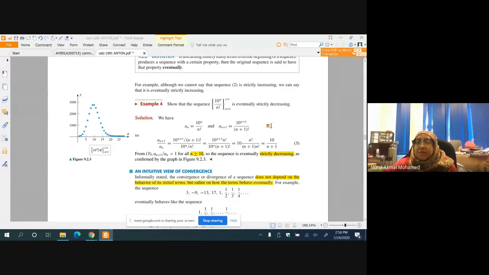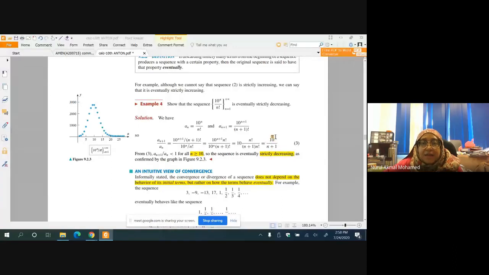But there's something that we have to look at here. It doesn't always depend on n equal to 1, which is the starting point. In this case, they want to show us that what really matters in order to decide whether it is strictly decreasing or other cases is choosing a big number of n. So 10 divided by 2 when n is equal to 1 is greater than 1.